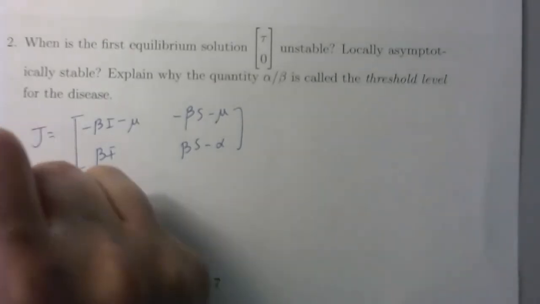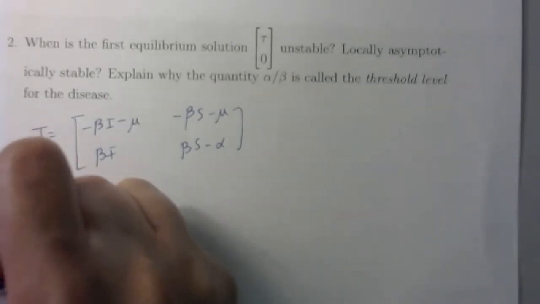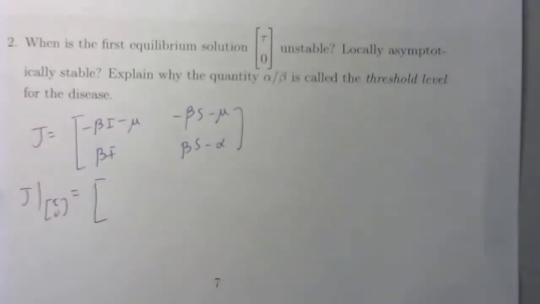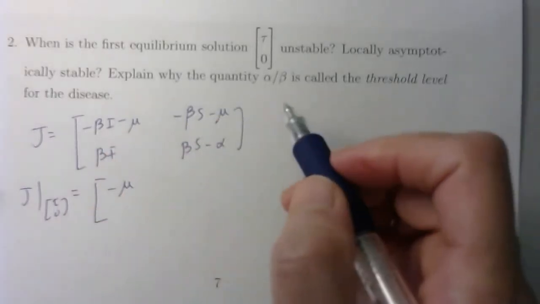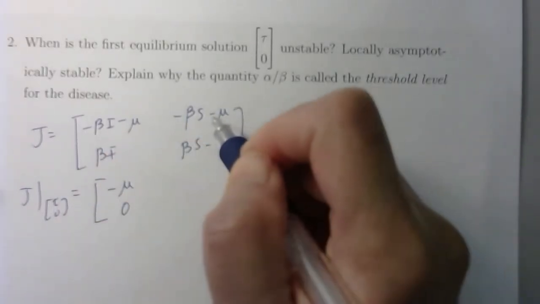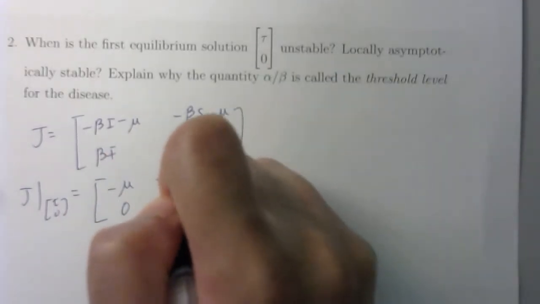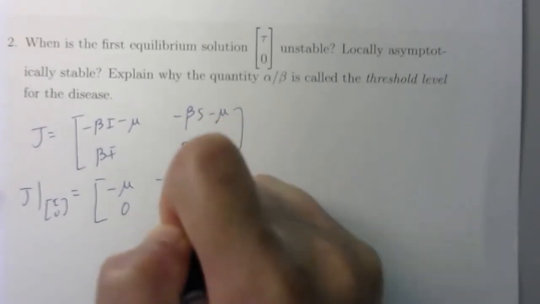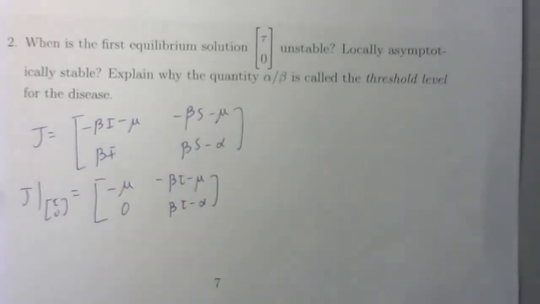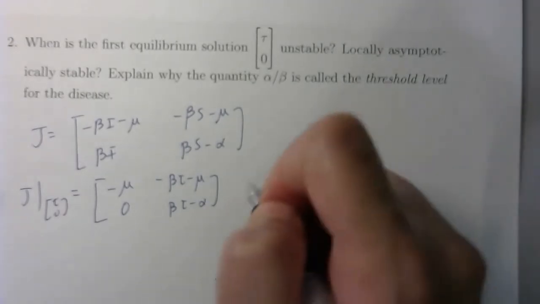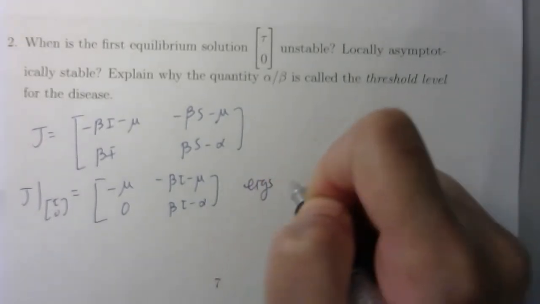So let's say what's the Jacobian at (tau, 0). Okay, so we have minus mu, the I's all go to 0. The S entry is minus beta tau minus mu, and beta tau minus alpha, these guys, right? It's a triangular matrix, so I know the eigenvalues just by reading them off the diagonal.